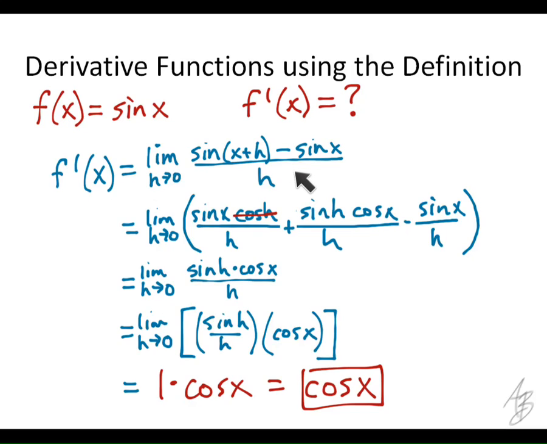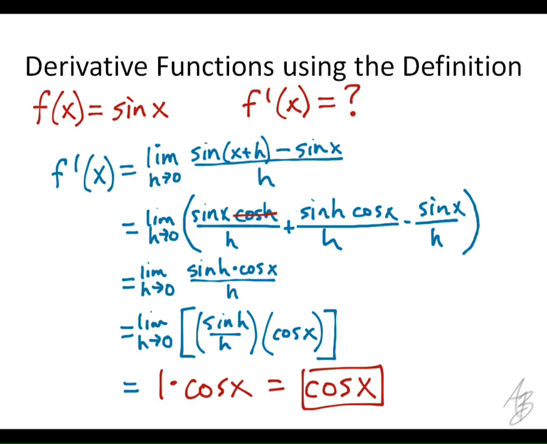They'll usually ask you one where you don't necessarily know the identity for sine of x plus h, and you have to recognize that this is actually the definition of the derivative of sine. And then you should be able to recognize this limit as being equal to the cosine of x because it's just the derivative of sine of x. So you need to be able to recognize the definition of the derivative because they'll give you some problems where you evaluate limits using that definition.